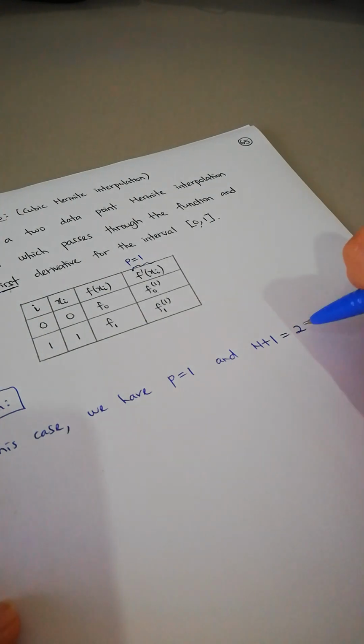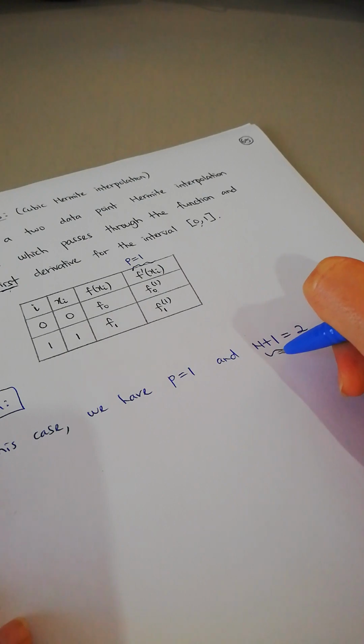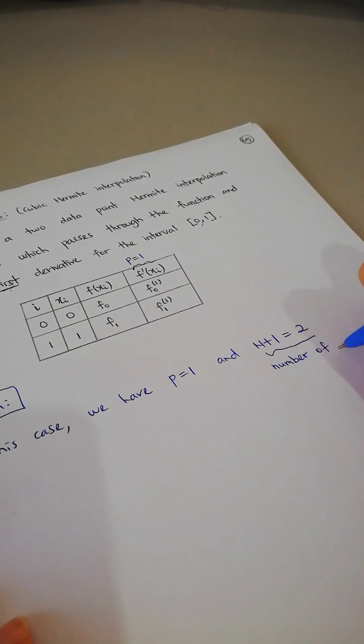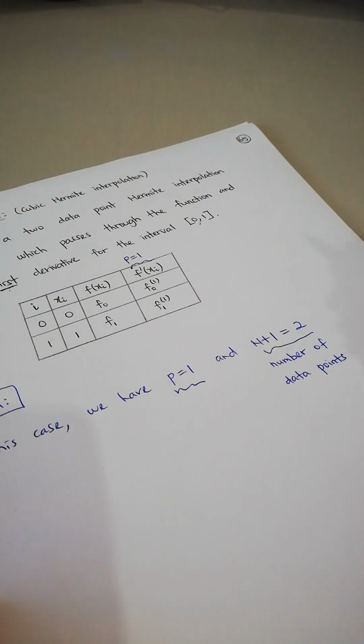Okay, so from here we know that this represents the number of data points. And what does p equal to 1 represent?